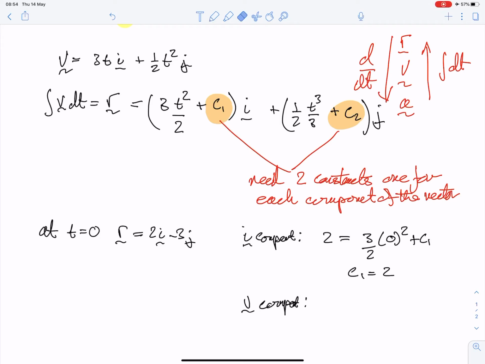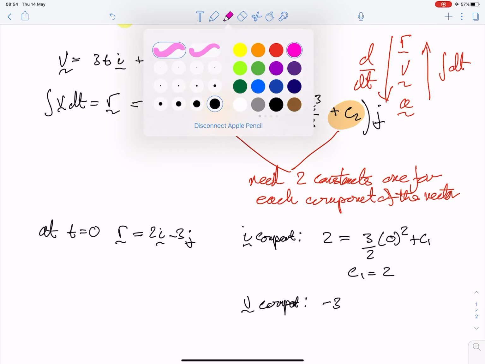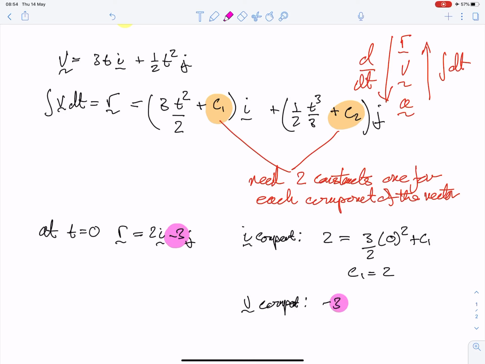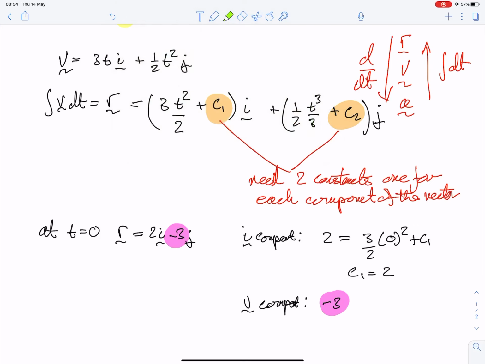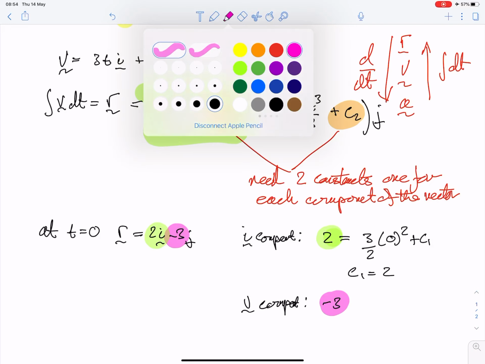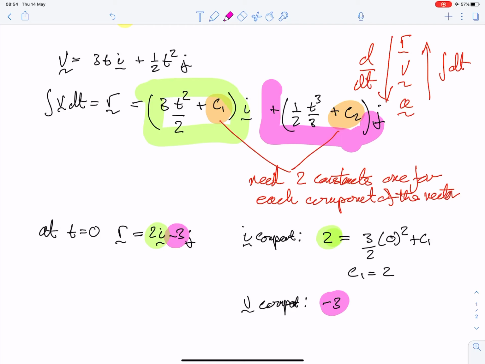negative 3, be careful with the signs. So the negative 3 is coming from here. It's negative 3j, just to highlight it from before. We've also got 2i, so that gives us a 2. And that bit there was the i component. And now we're looking at the j component here.